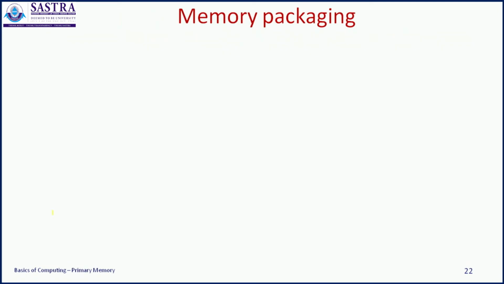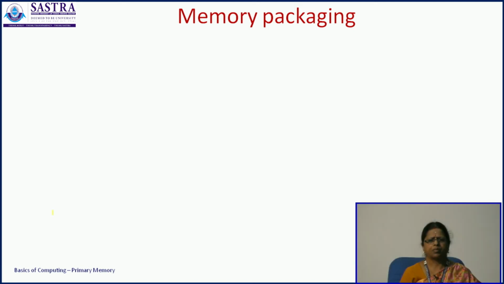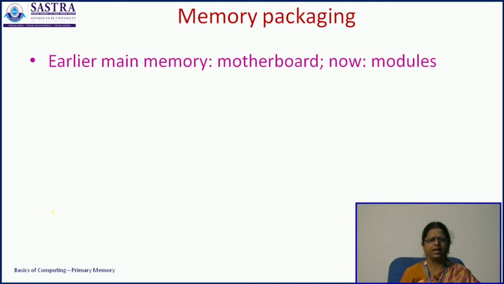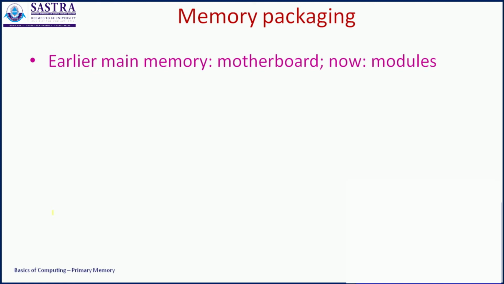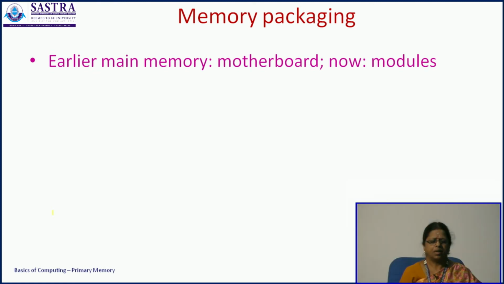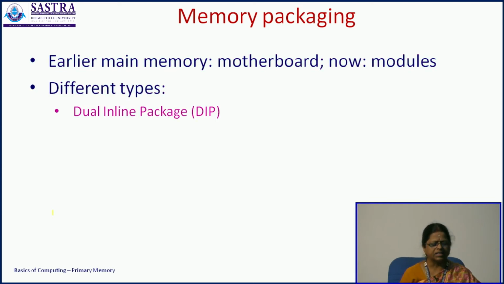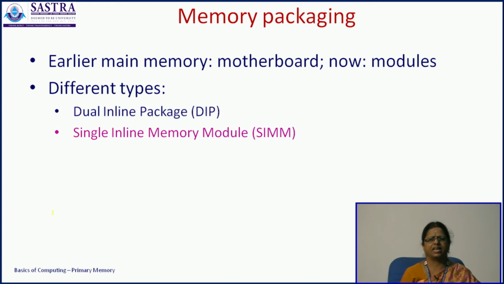Now let us move on to memory packaging. It means how memory is manufactured or packaged into ICs. In the earlier systems, memories were present in the motherboard. Now it is in the form of modules. There are different types of packaging. We call it dual inline package, which is DIP. The next is SIMM, which is single inline memory module.